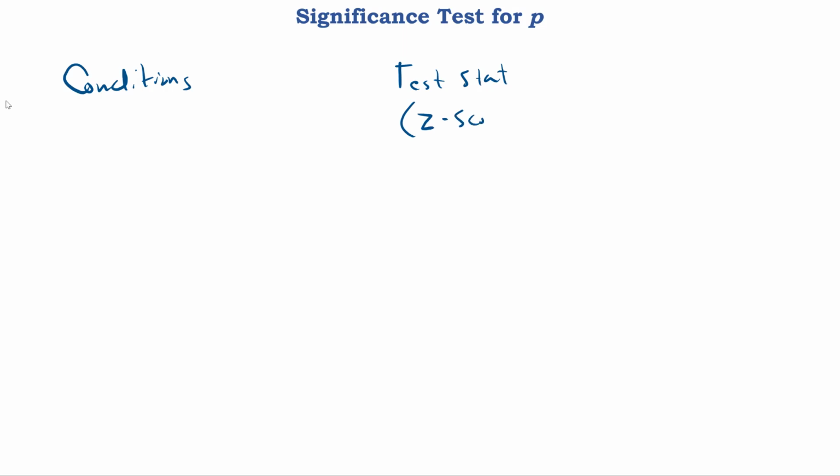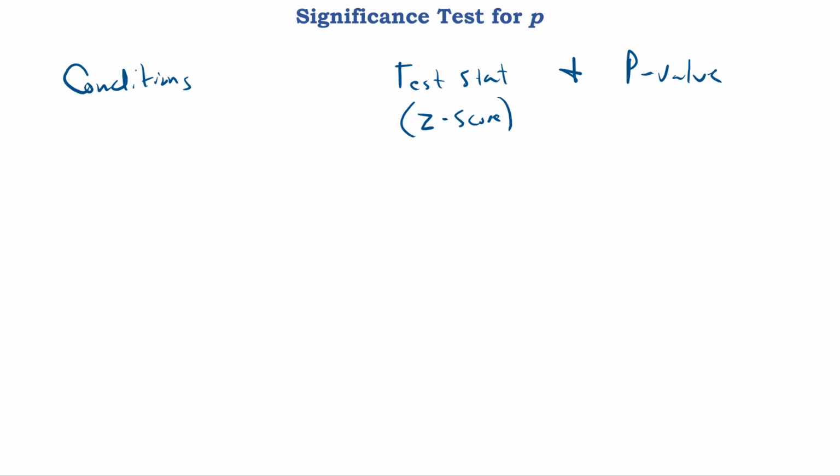Then we'll talk about the test statistic and p-value to understand where we're going in moving forward with the null hypothesis and alternative hypothesis.